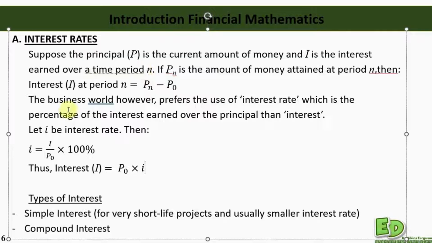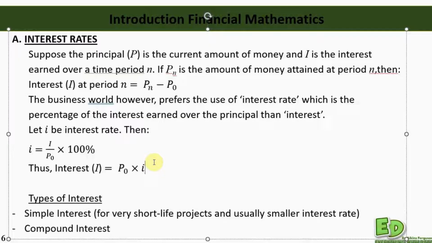The business world, however, prefers the use of interest rate, which is the percentage of interest earned over a principal, rather than the interest. So we say that i is our interest rate, and we can find it as the interest over the initial amount times 100%. That will give you the interest on that amount.